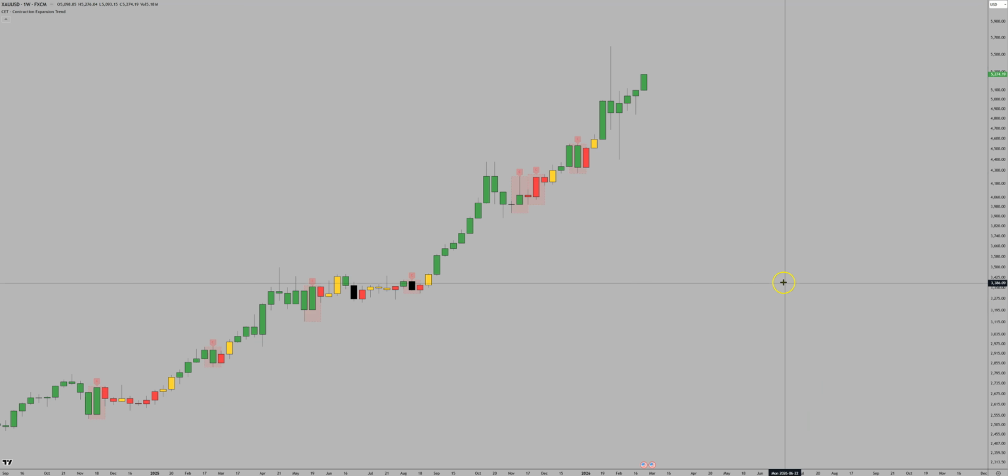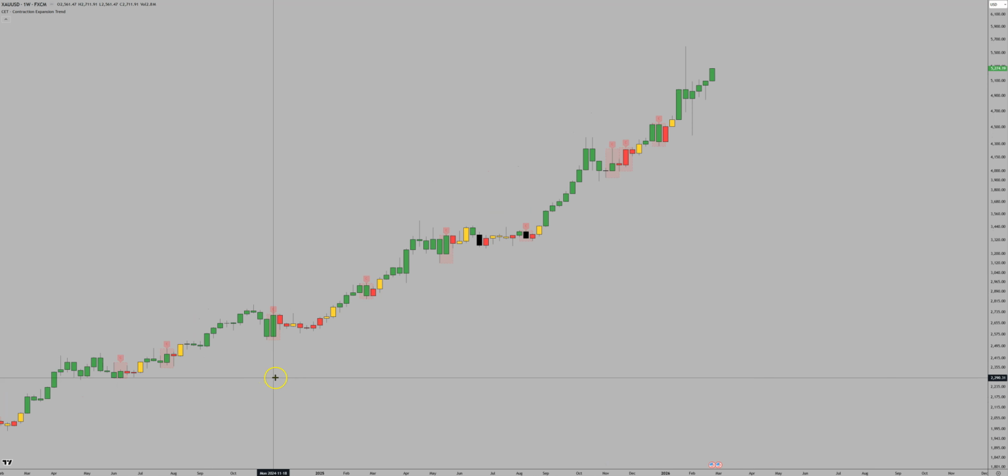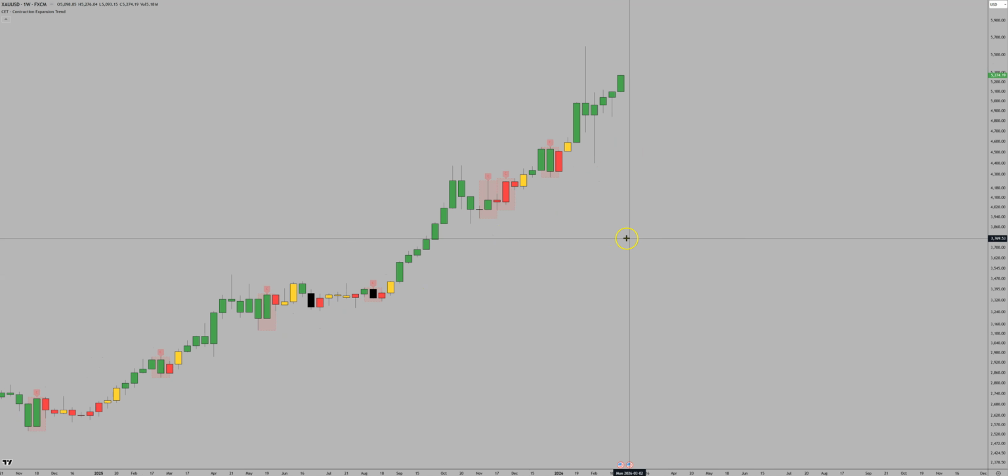On the 1 week, we see, I mean, gold has been crazy since many years, up, right? And we can see this is the last contraction. That's the only thing I care about, right? And you see how it broke here, meaning this is the first time we can start entering long. This is an expansion candle.